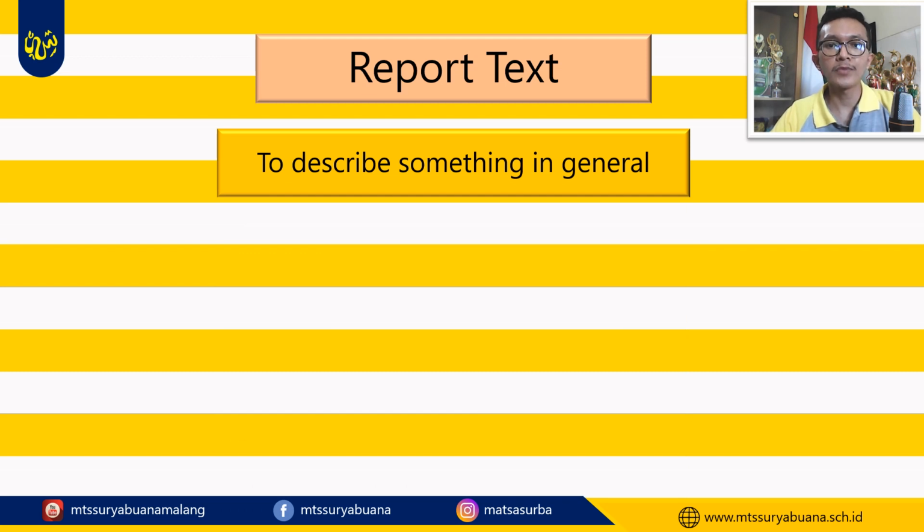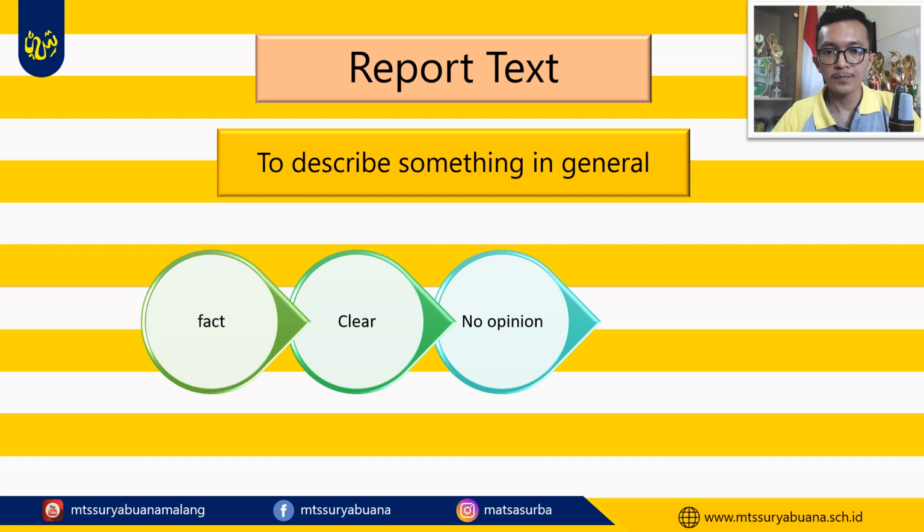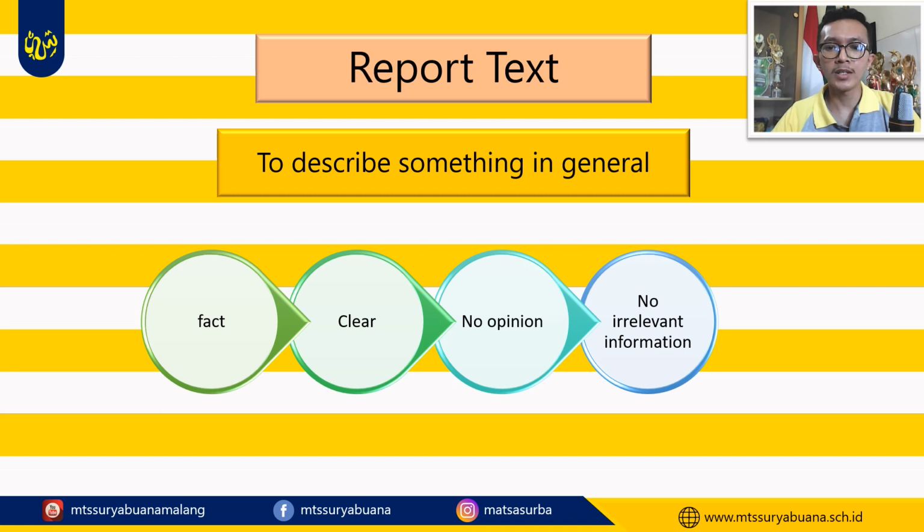As I said before, report text is used to describe something in general. So the content is about fact, clear, there is no opinion in this text, and there is no irrelevant information because all of the content of this text is fact.